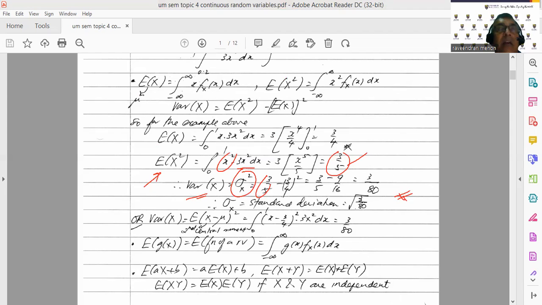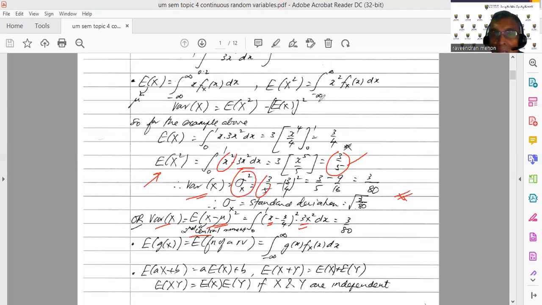You can also work out your variance using the definition of variance. Remember, we talked about this last time. Variance is your second central moment. So it's the expected value of (x minus mu) whole thing squared. So you can also work it like this. x minus mu will be x minus, what's mu? 3/4, squared, and then your f of x.